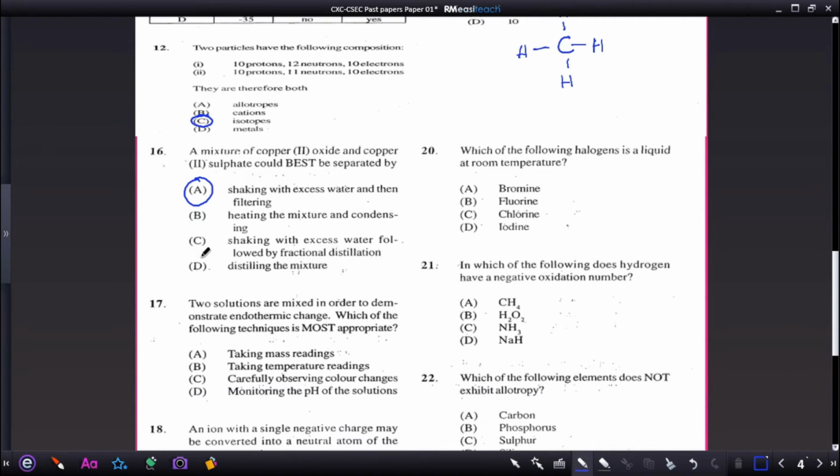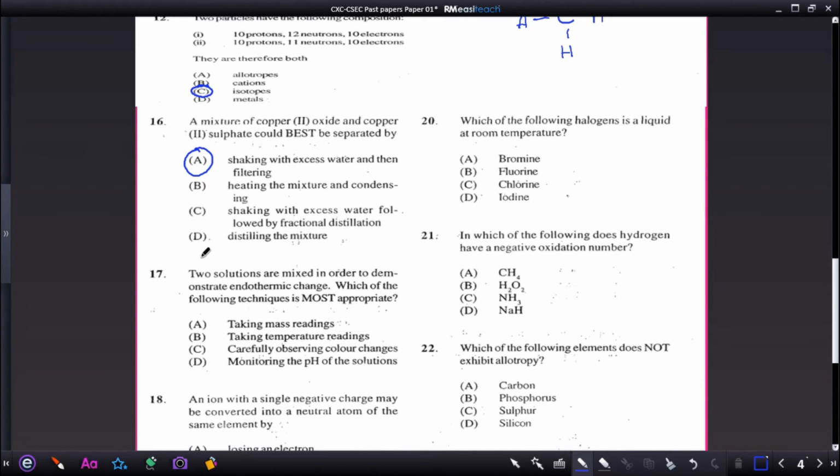Question 17. 2 solutions are mixed in order to demonstrate endothermic change. Which of the following techniques is most appropriate? Endothermic means that there's a decrease in temperature. If you put your hand on the beaker, it feels cold. So what's the best way of monitoring that? There are some solutions that are colorless, so we cannot use observable changes like color changes, or the pH.